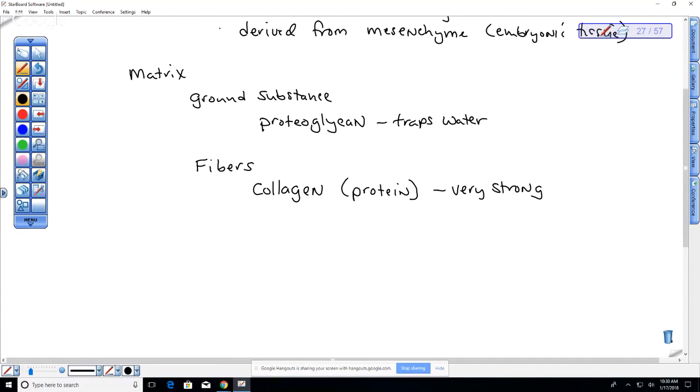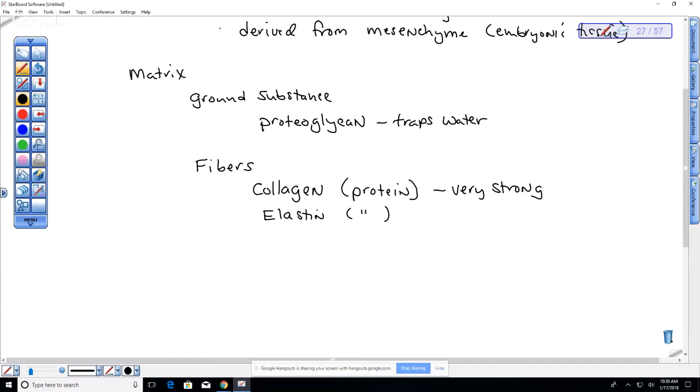We also have elastin. This is also a protein. And elastin has a different type of function in that it is able to absorb mechanical energy like bending. So it's like rubber. If you bend it, it will bounce back, right? And so that's important in some of our connective tissue, like our outer ear.